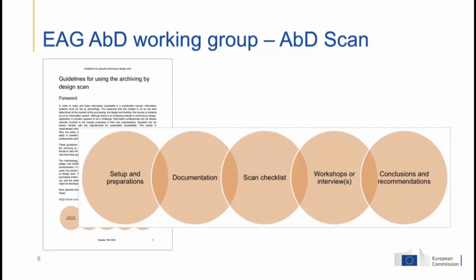These measures are needed at the moment when you start developing a system, purchasing a system, or when you're trying to redesign or revamp it, or migrating information from the old to the new system. That would be the ideal situation where you want to think about archiving by design and implementing sustainable accessibility.